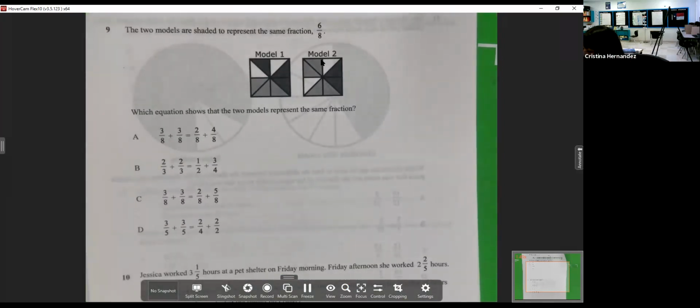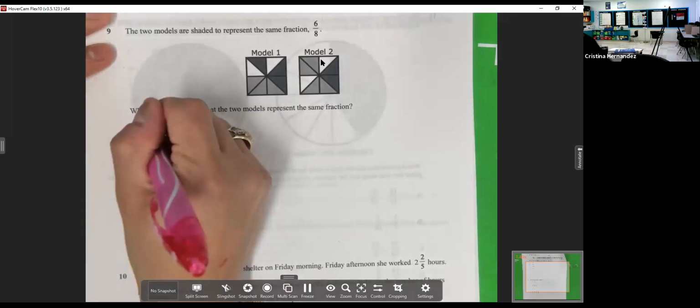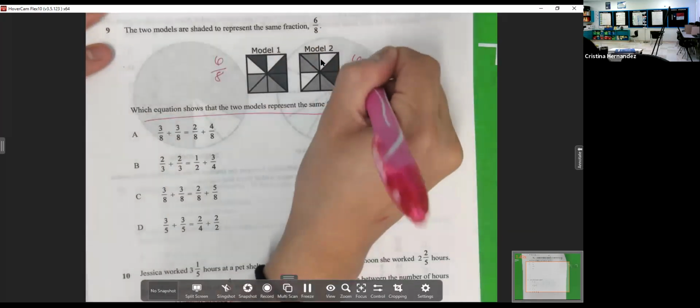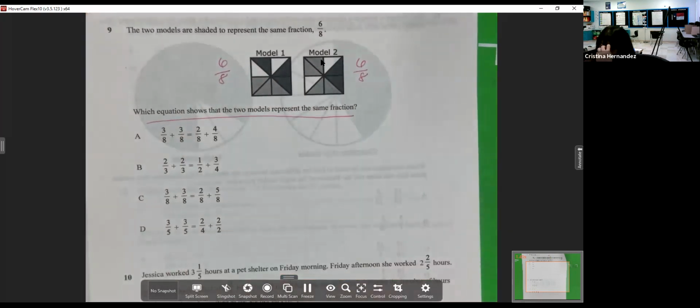So there are 2 models shaded to represent 6/8. Which equation shows the 2 models represent the same fraction? So both represent 6/8. What no way Jose's can I get rid of on number 9?